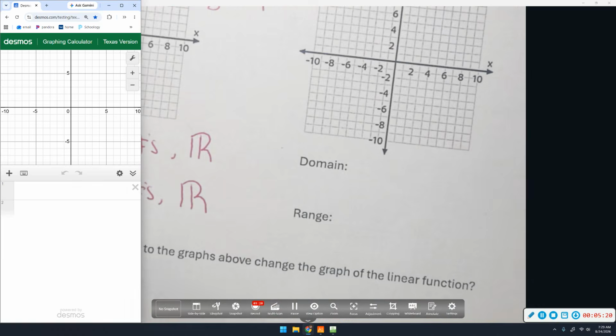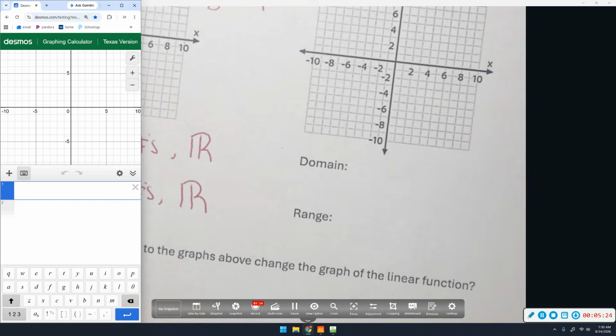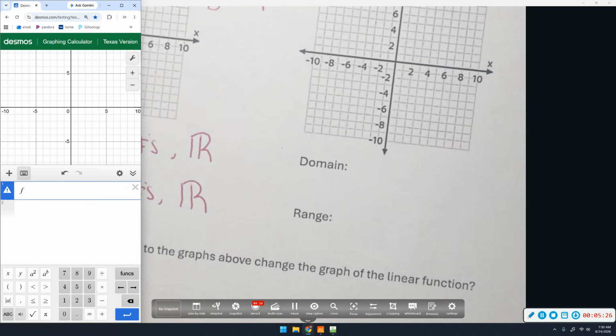Okay, so in your calculator, if we were to type f of x equals 2x minus 1, that's our graph. Yes, that's what we just graphed. So then what do you notice in number 2? What's different?